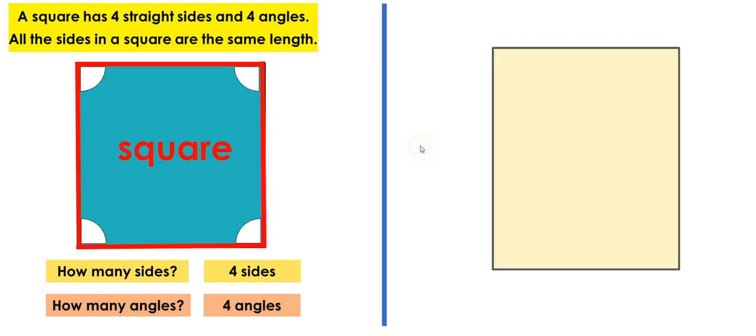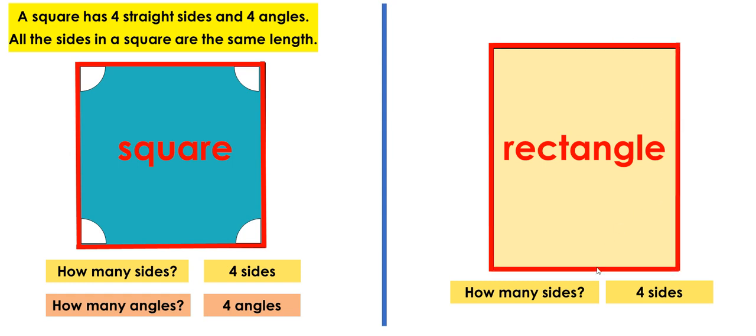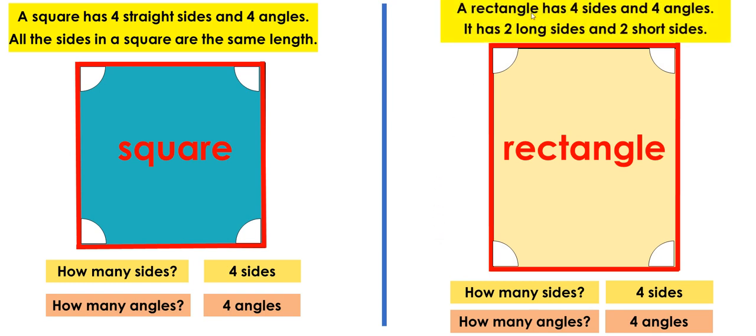Let's see what's next. What is this? It's a rectangle. How many sides? It has 4 sides. How many angles? 4 angles. A rectangle has 4 sides and 4 angles.